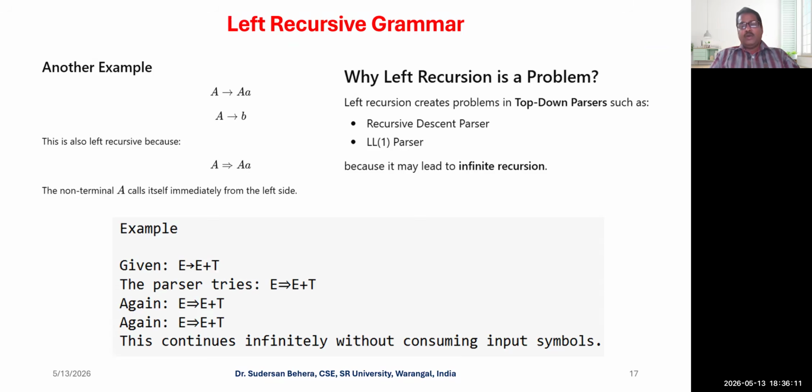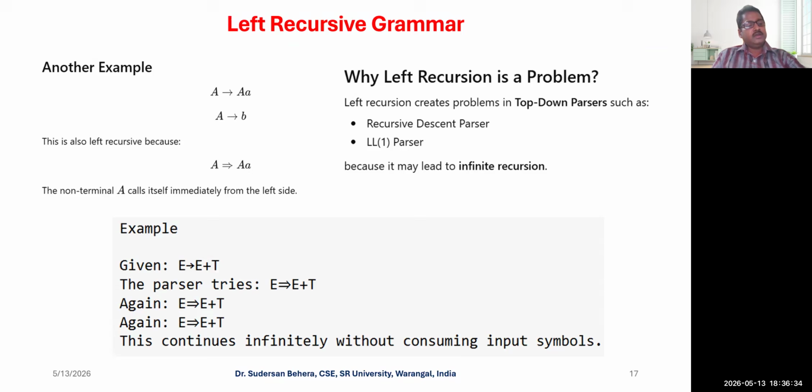Why is left recursion a problem? Left recursion creates problems in top-down parsers such as the recursive descent parser or the LL1 parser. It may lead to infinite recursion.